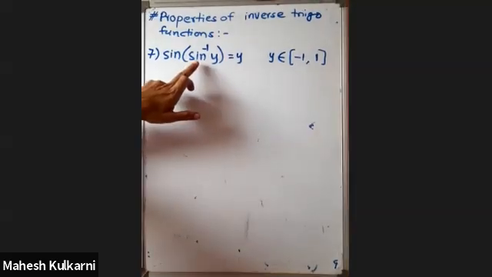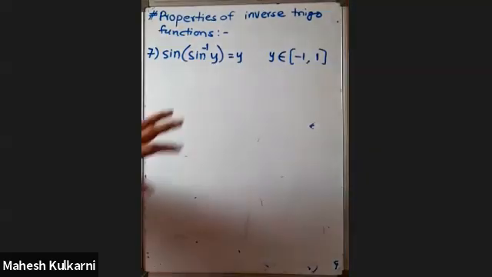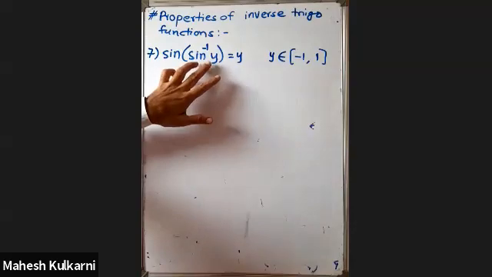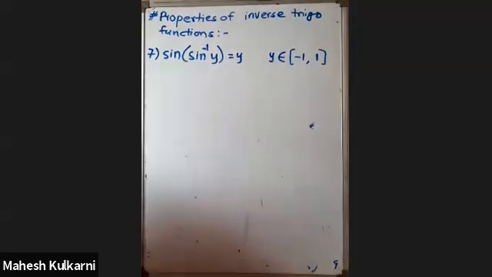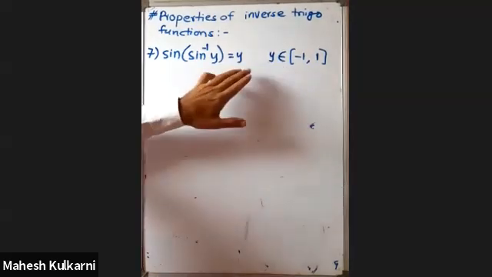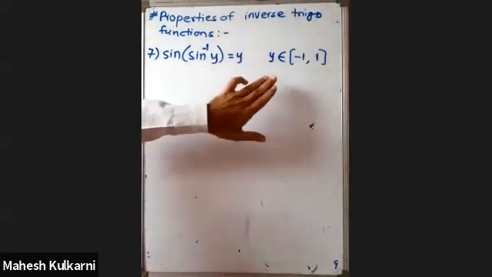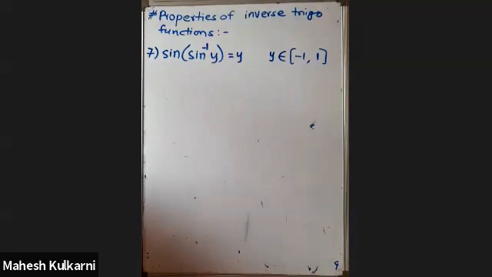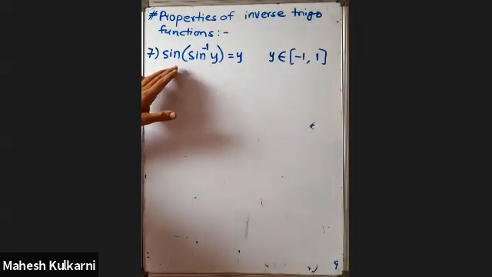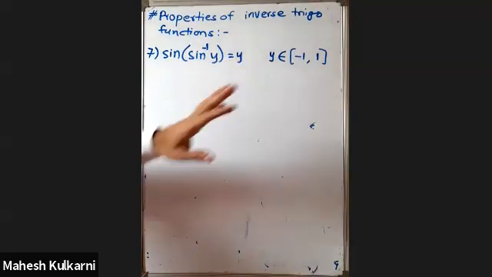Because see this, it is sine inverse of y. So here we have to write the domain of the inverse function, and that is the range of the sine function. And the range of the sine function is minus 1 to 1. So sine of sine inverse y is equal to y.